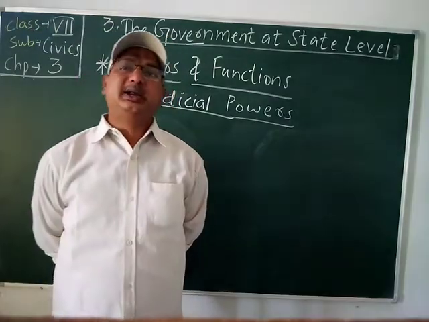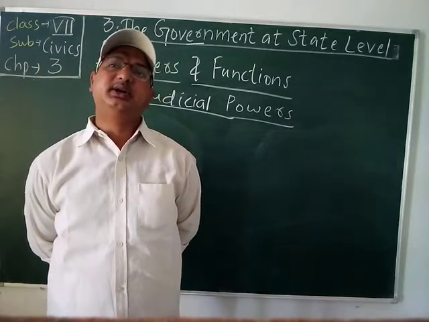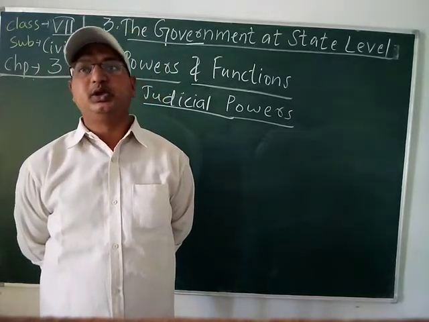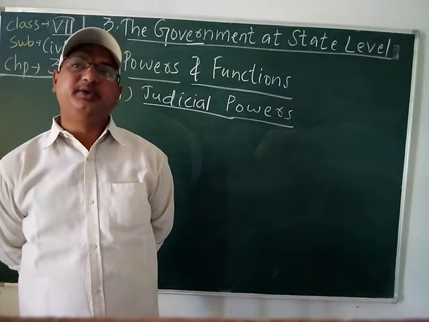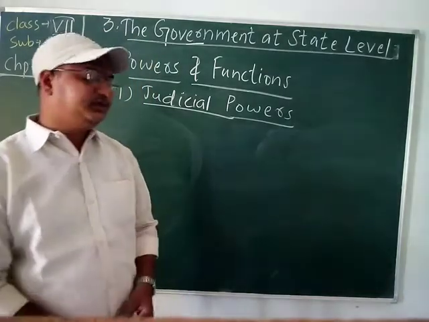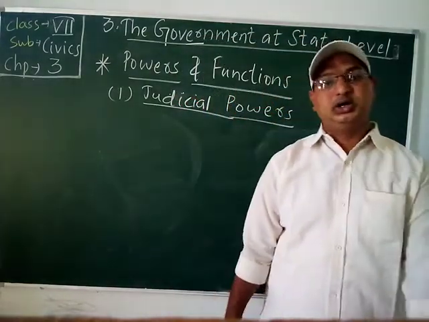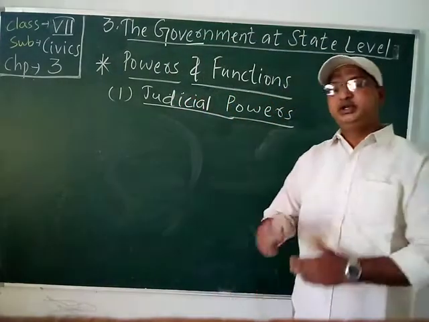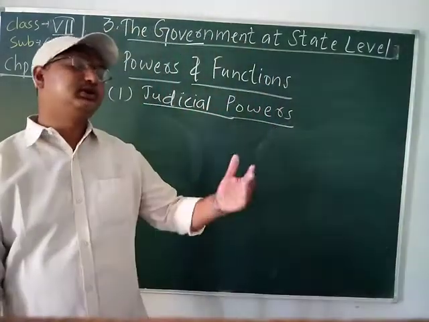Then clemency appeals are addressed to the governor. He has the power to pardon or to reduce or change the nature of punishment of a convict awarded by the High Court or lower court of the state. Students, you must have seen the criminals who are doing very hardcore crimes, they often pray for pardon and they request the governor.